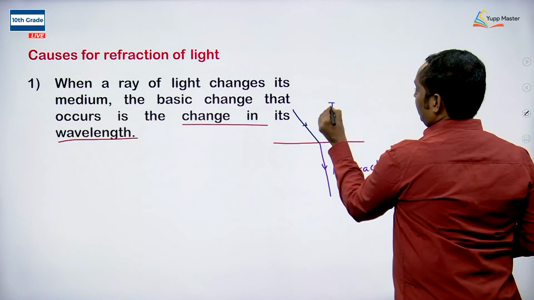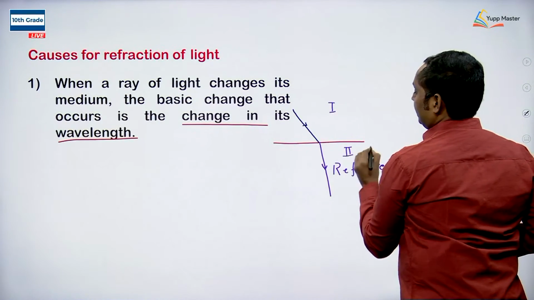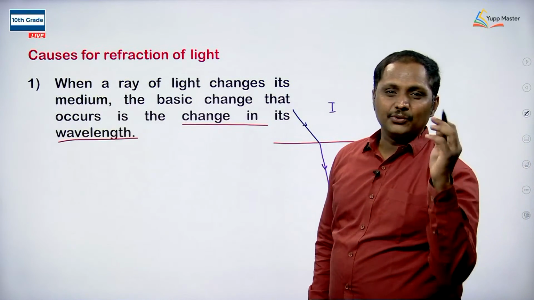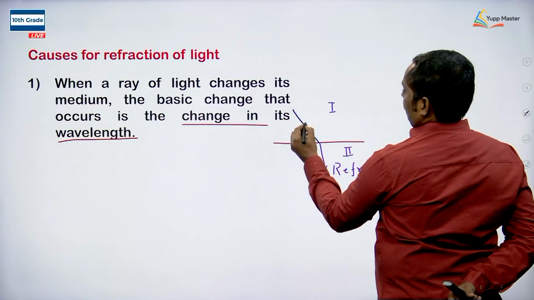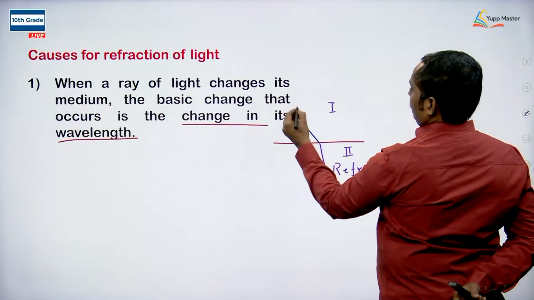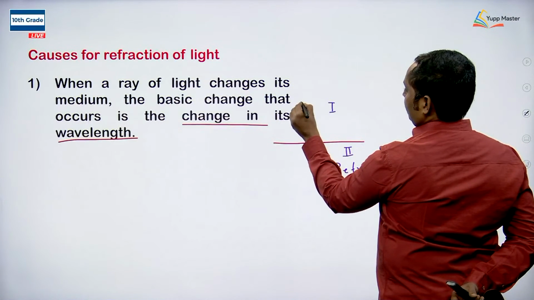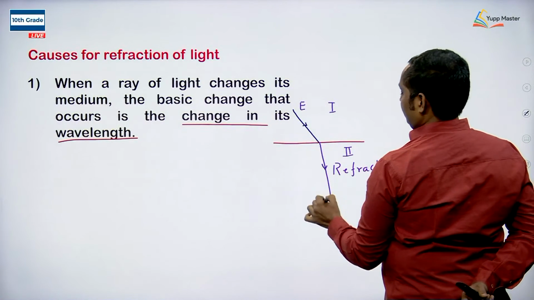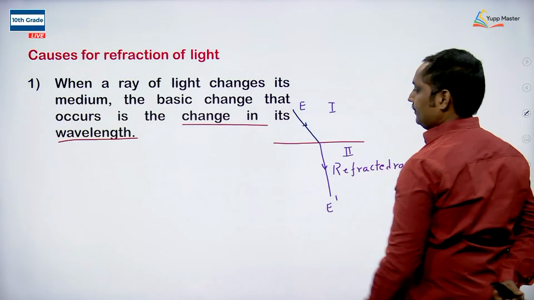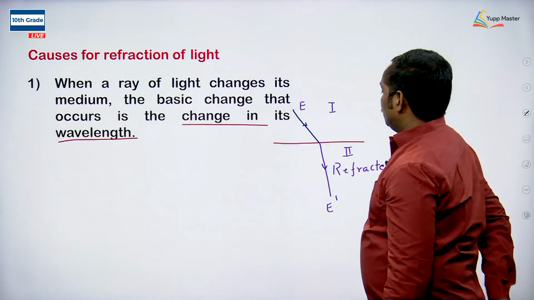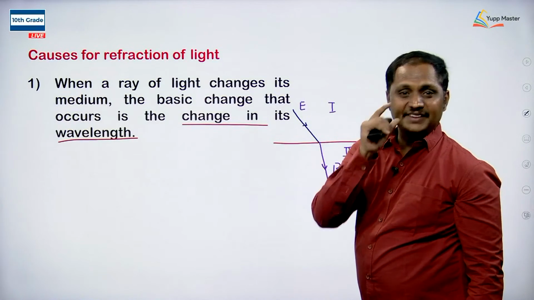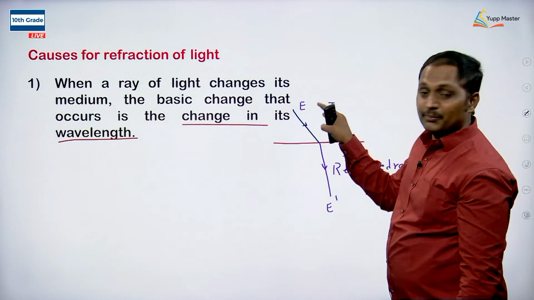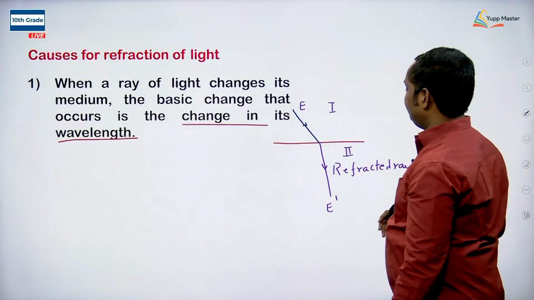This is the first medium and second medium, let us assume. Generally, you can take this as the energy of the light ray, and this as the energy of the light ray. So, there exists a change in its energy when it has entered from one medium to another medium.